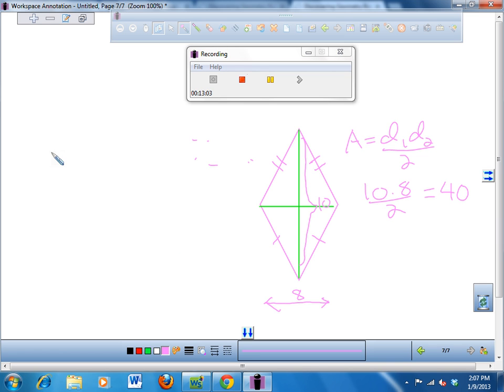Okay? So for right now, I'm going to give you half an hour to start on your homework, which is going to be page 418. It's on trapezoids, kites, and triangles. Problems 1 through 6, and then 7 through 27 odd.